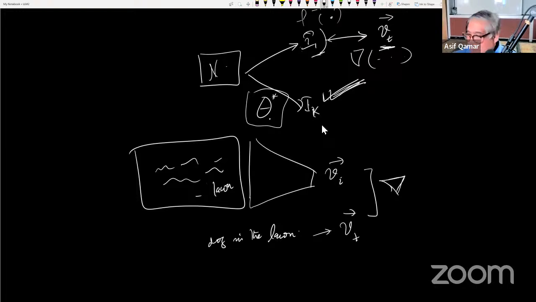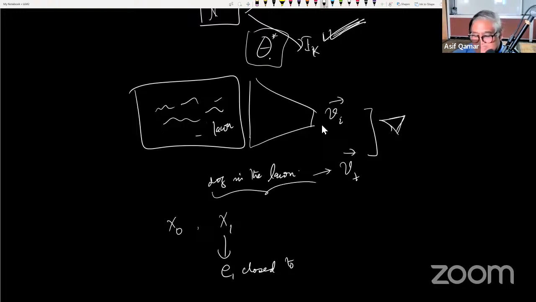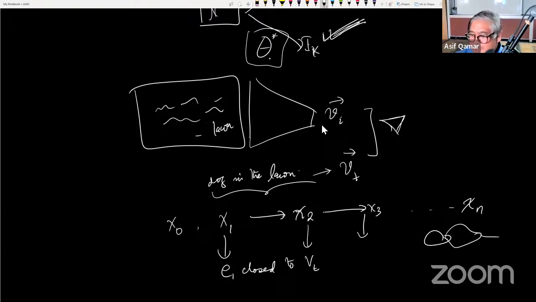It will basically say, if this is X naught, I need to produce an X1 whose embedding E1 is closer to the embedding of this text, let us say VT. And then I need to produce X2, which gets even closer. I need to produce an X3, which gets even closer. And finally, when I'm done, I have an XN, which now has a dog sitting in the lawn.